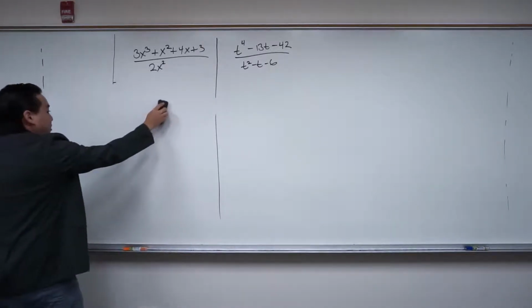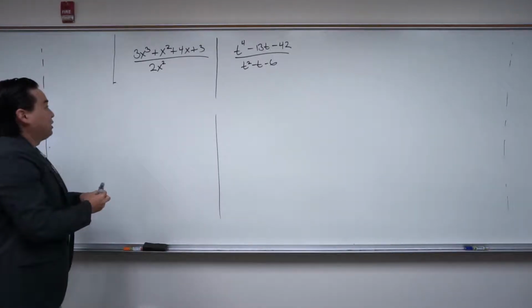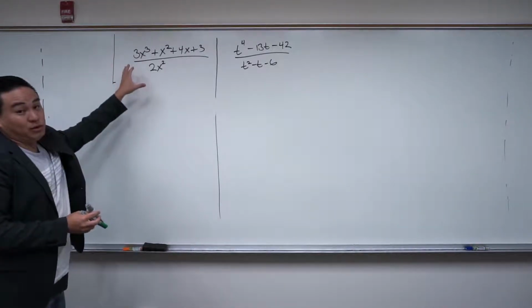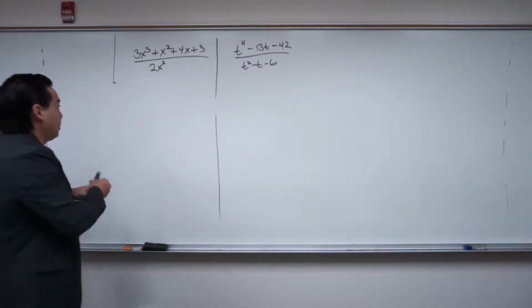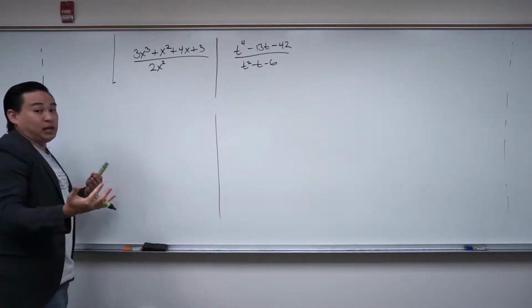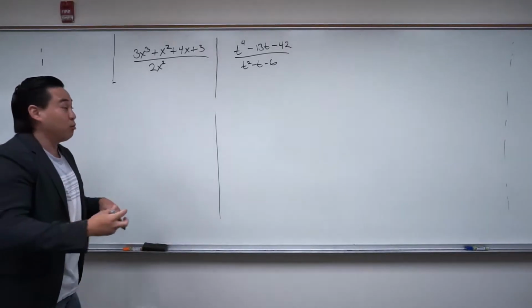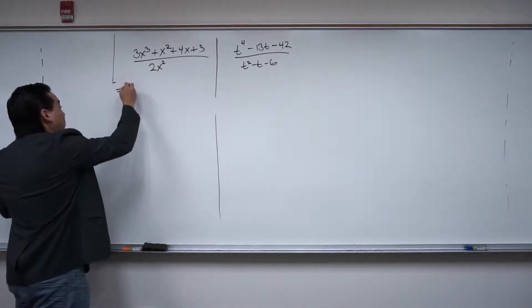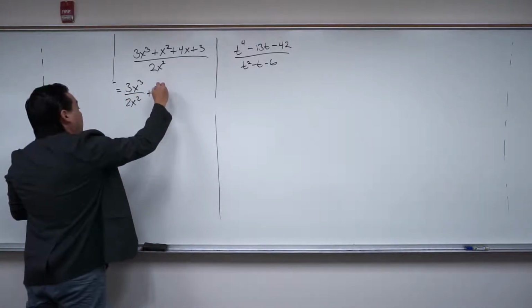The first one that we're going to do, you can do with long division. However, when you have a monomial like this, which means one term, there's no addition, there's just a single term inside. What you're going to do is you can just split it by distributing the division to each of the terms in the numerator. So I can write it like this.